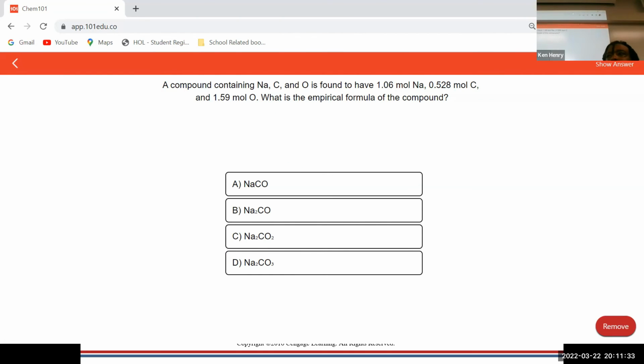Okay, a compound containing sodium, carbon, and oxygen is found to have 1.06 moles of sodium, 0.528 moles of carbon, and 1.59 moles of oxygen. What is the empirical formula of this compound?